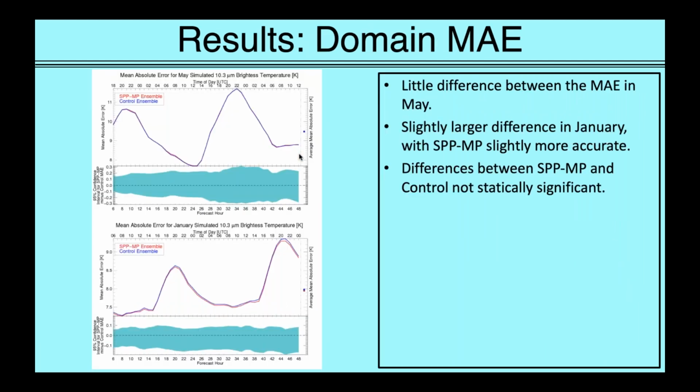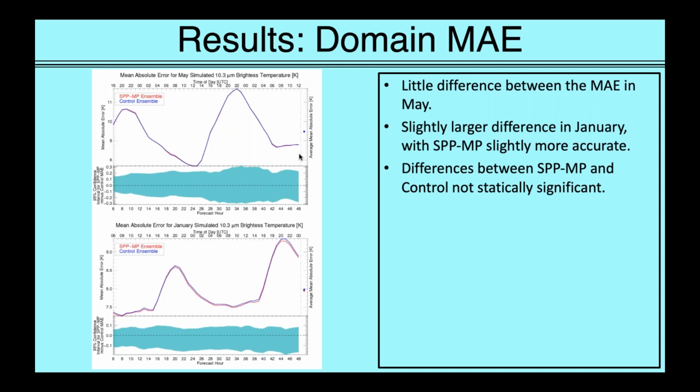Looking at some of the validation statistics, the ones that I presented earlier, this is the domain mean absolute error. What we have found is that between the SPP-MP and control ensembles, there was very little difference in the mean absolute error. This isn't entirely surprising. Again, when I showed you the six-panel comparing the observations to the ensembles, we could tell there wasn't a lot of difference.